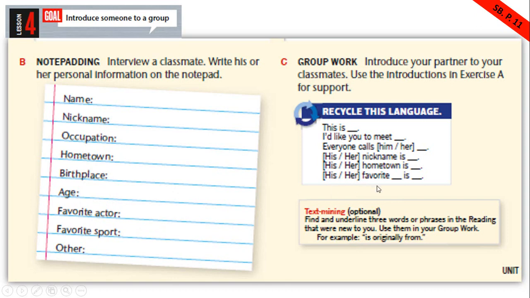But please be careful while you are completing this. You need to use the correct language. This is, his name is, her name is when I'm talking about the girl.